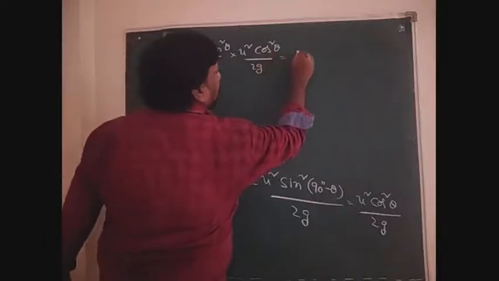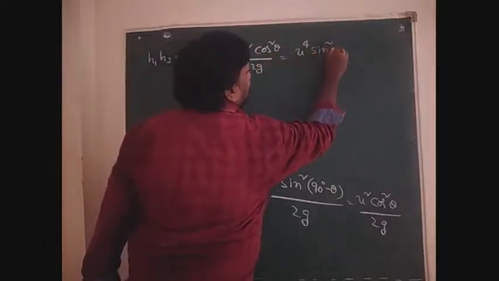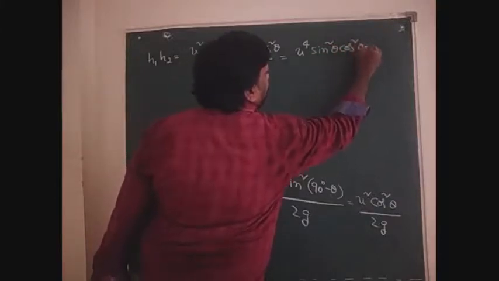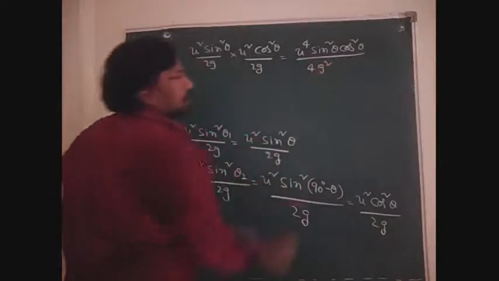Therefore u power 4 sine square theta cos square theta by 2g into 2g, that is 4g square.